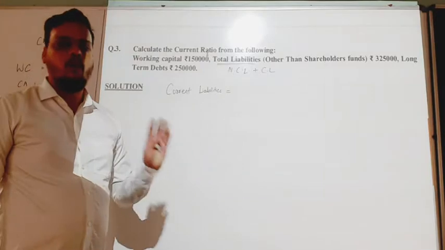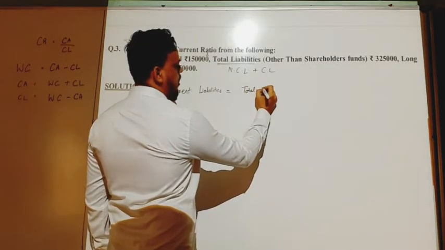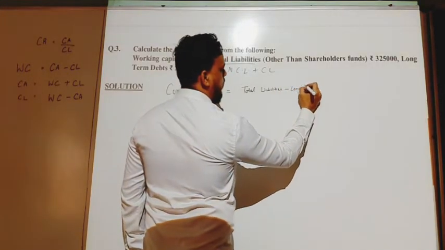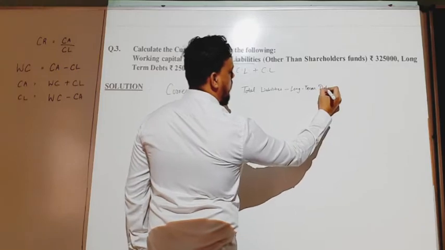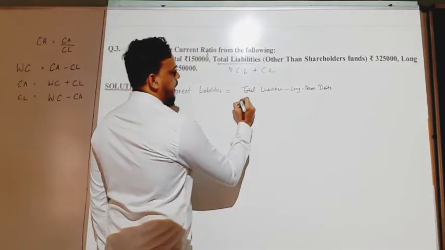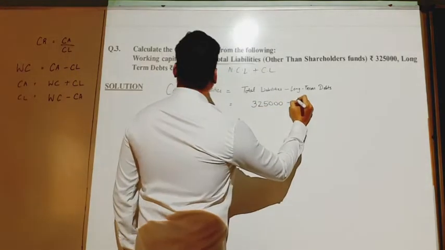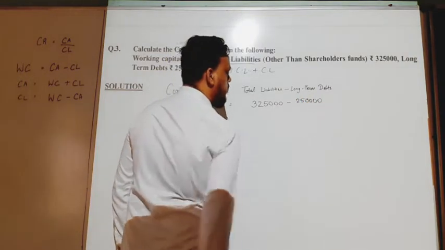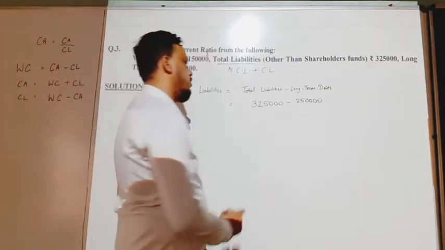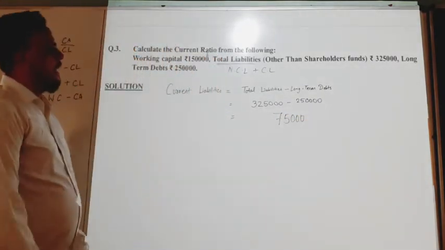So we have to calculate current liability as total liabilities minus long-term debts. Long-term debts are 2,50,000. Calculating with the information we have, 3,25,000 minus 2,50,000, we get the exact answer of 75,000. The current liability will be 75,000.